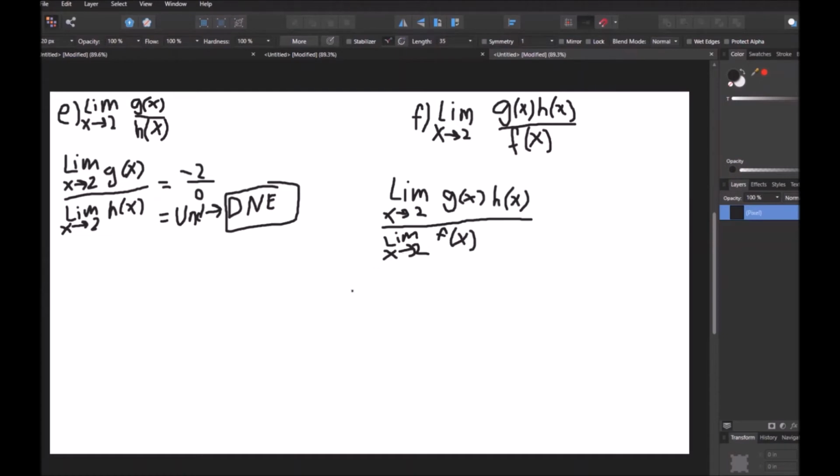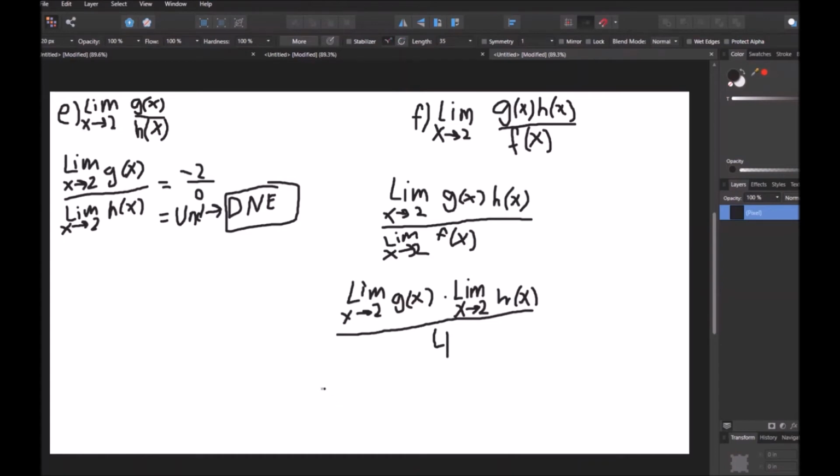So this is going to be the limit as x approaches 2 of g of x times the limit as x approaches 2 of h of x, and the limit as x approaches 2 of f of x is 4.